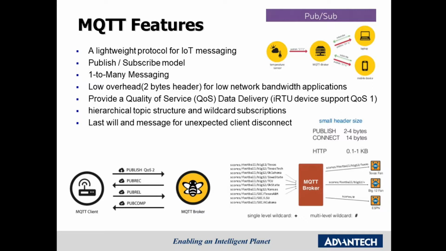MQTT provides quality of service data delivery. MQTT uses a hierarchical topic structure and wildcard subscriptions, which is convenient for users to do management. The last will message can let the user know the client's status if it is disconnected.